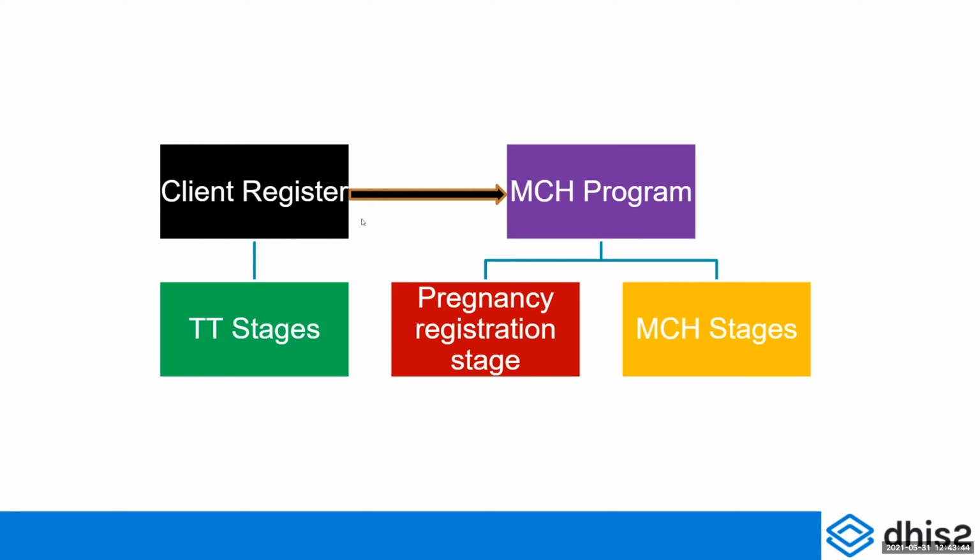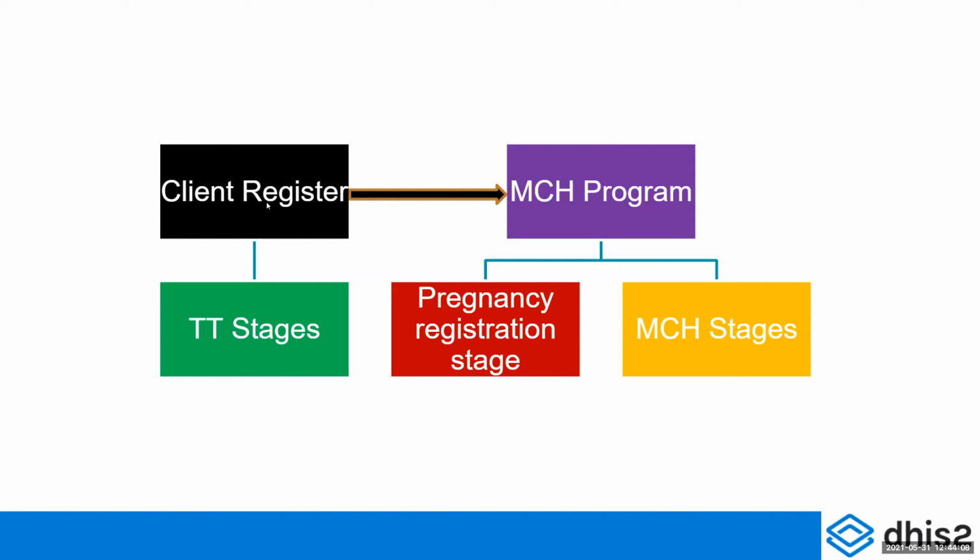We had a client register, and so when you first meet a pregnant woman, and as I said, this project was strictly for antenatal care and then looking at delivery and postnatal care. So we primarily were registering pregnant women. So everybody gets registered here.